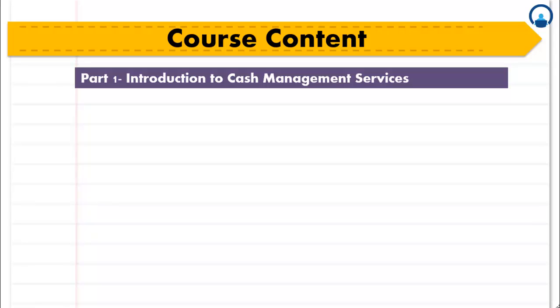Further, we are going to look at the working capital cycle, which defines the usage and the areas through which cash comes into the business. So it is a very important concept when we are looking at cash as a whole. Working capital cycle is what you're going to learn in part 1 of this course.